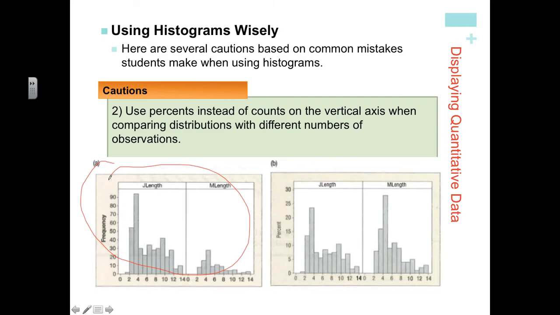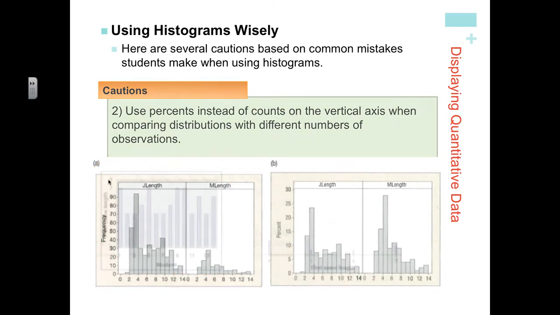So you can't really compare frequencies if your two samples are that different. In that case, you would definitely want to use percents. Otherwise, you would not be able to actually make a comparison. So be careful of what your sample sizes are. If they are very different, you're going to want to use percents. More than likely, we'll use percents. It's almost safer to do that.